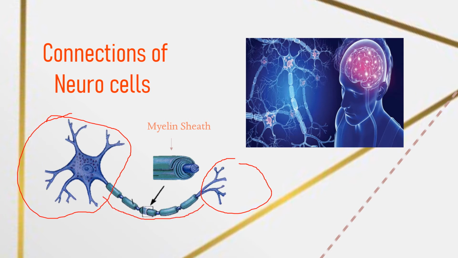Here we have the axon. The axon is covered by a myelin sheath, and this is a fatty layer that helps the connectivity, it makes it more efficient, and it protects the axon.